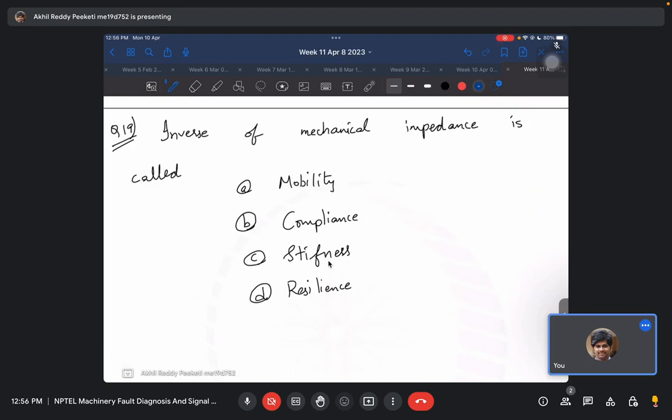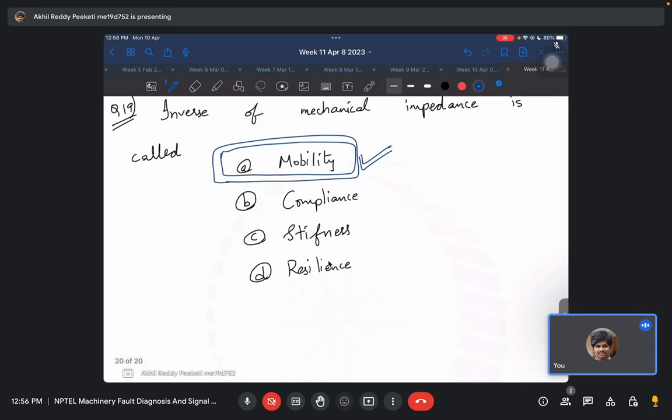Inverse of mechanical impedance is called mobility, compliance, stiffness, resilience. So inverse of mechanical impedance is actually called mobility. Compliance is displacement versus force, the ratio of displacement and the force.